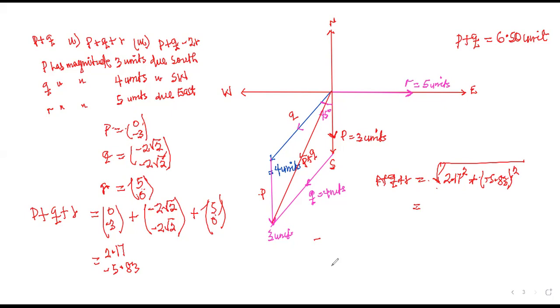I'm waiting for you, class. Hello, what's the final answer? 6.22. 6 points. 22. 6.22 units. So this will be it.